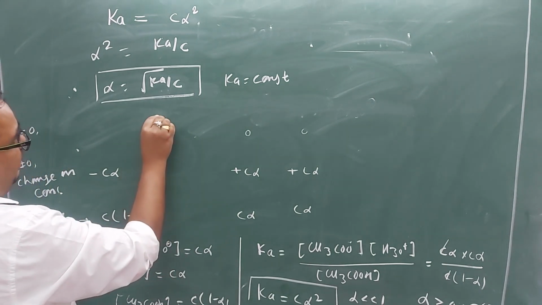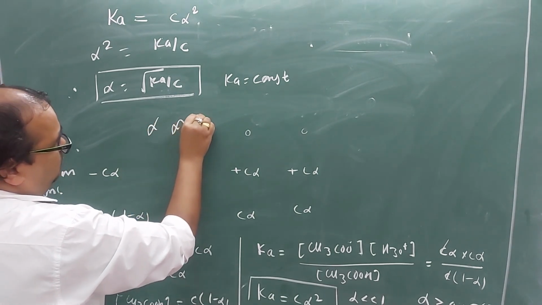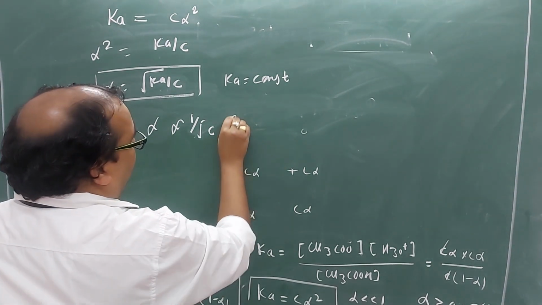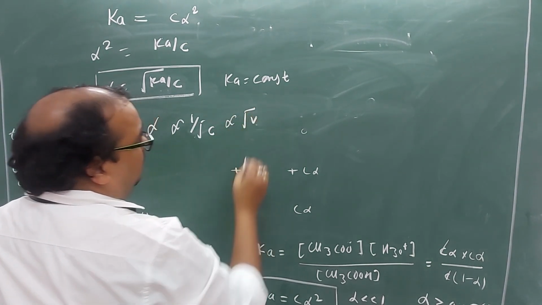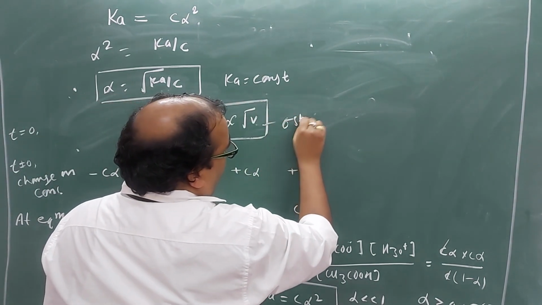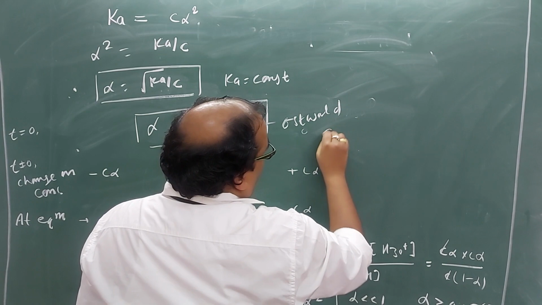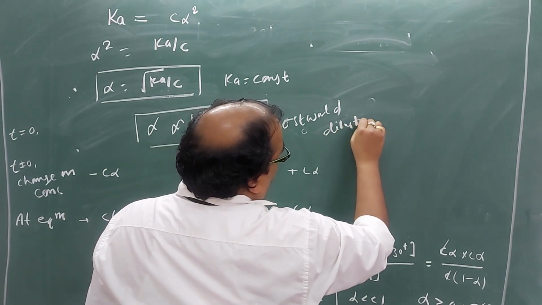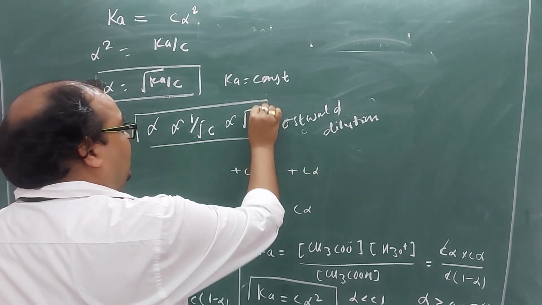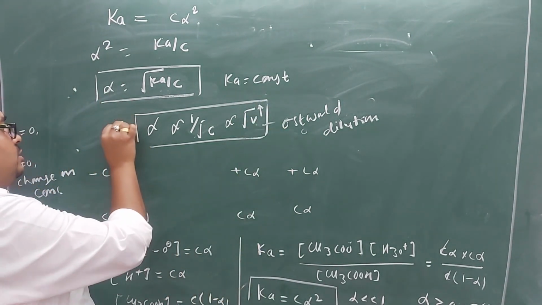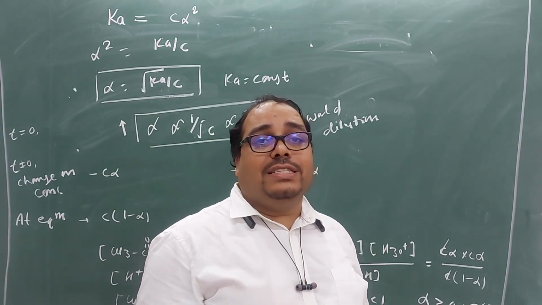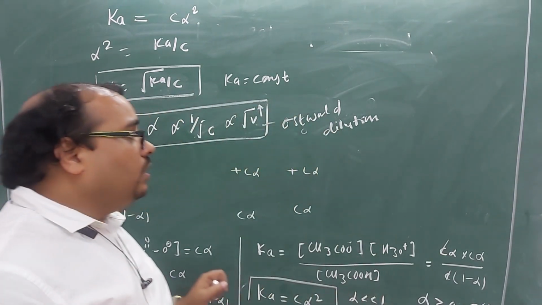So alpha will be inversely proportional to the root under C, or directly proportional to the root under V. So this is the Ostwald dilution law. If you increase the dilution, if you increase the volume, the degree of dissociation of the weak acid or weak base will increase. That is called the Ostwald dilution law.